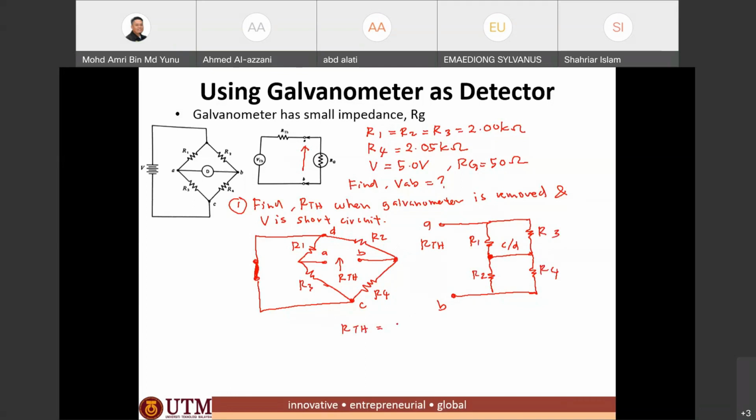will be R1 parallel with R3 plus R2 parallel with R4.